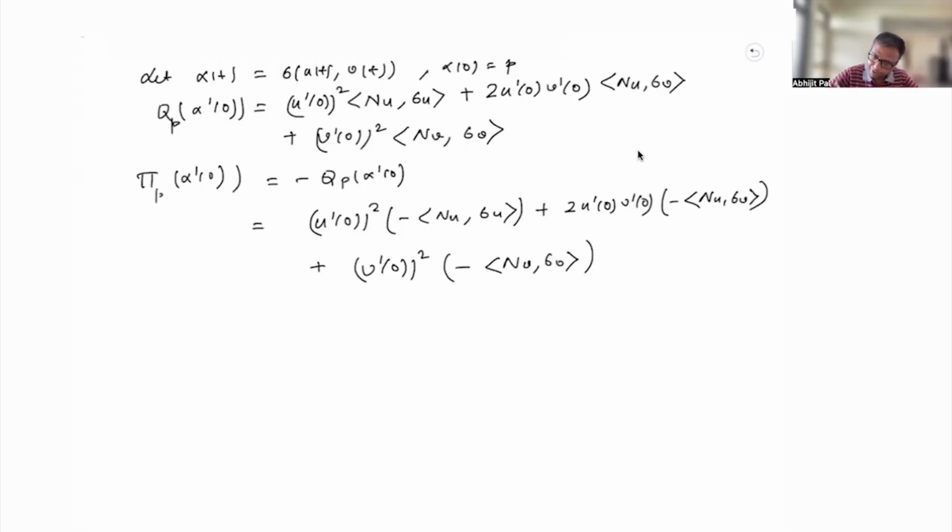And now let us take L equal to minus the inner product of N_u comma sigma_u, M equal to minus the inner product of N_u comma sigma_v, and capital N equal to minus the inner product of N_v with sigma_v.